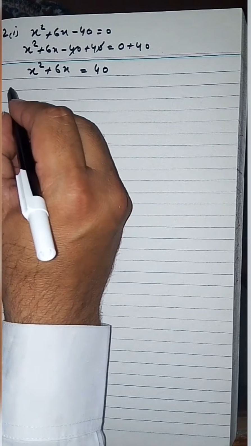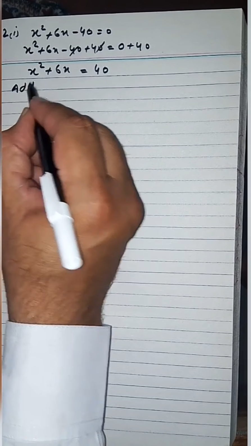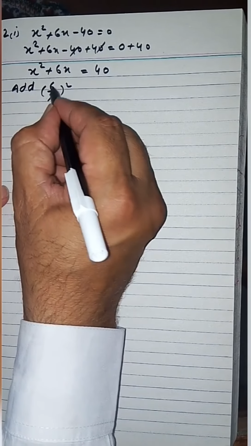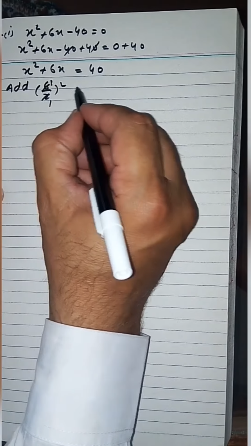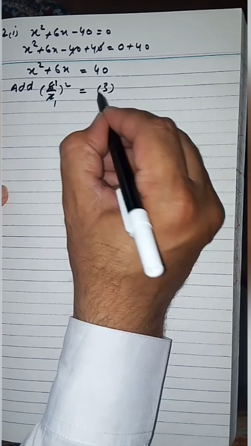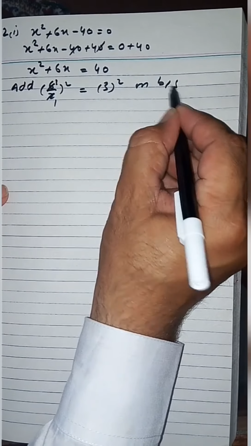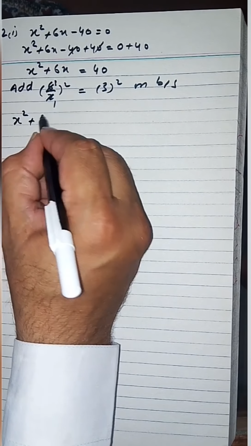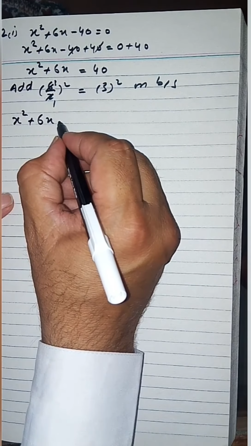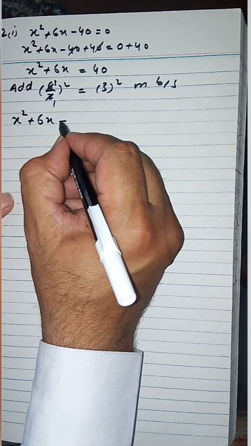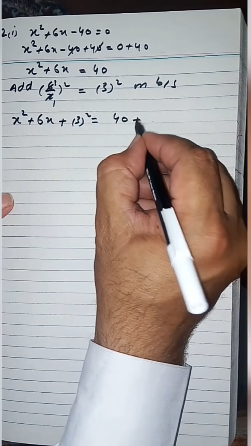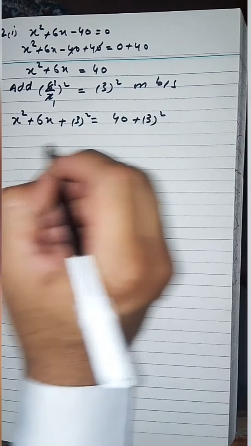So look here, add 6 by 2 whole square, 2 1s are 2, 2 3s are 6, which is equal to 3 square on both sides. So x square plus 6x plus 3 square equals 40 plus 3 square.